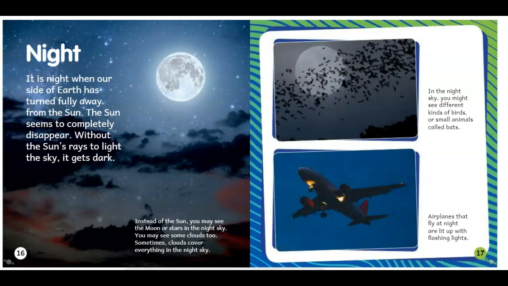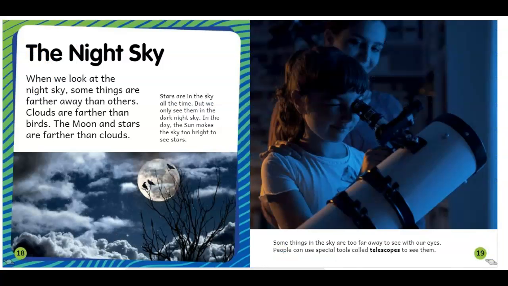I'm thinking of lots of things that I can fill in my Venn diagram. Look what happens at night. The types of things that you can see. Bats. Do you see bats during the day flying around? We also talked about clouds.